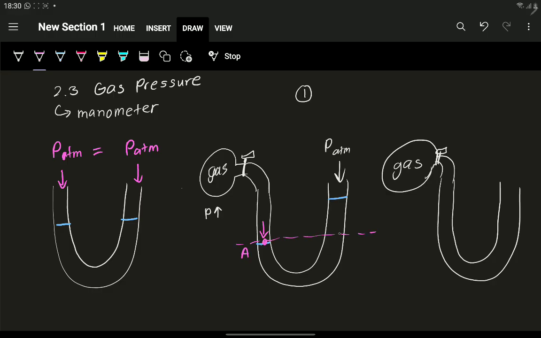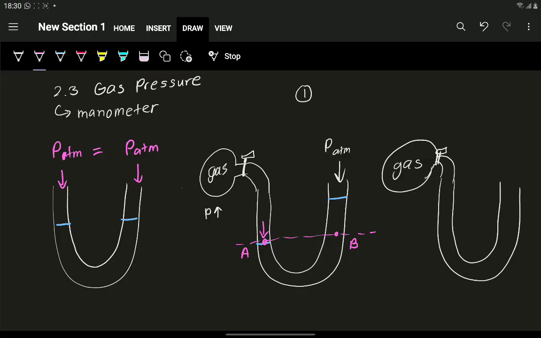So this is A, this is B. The higher pressure pushes the liquid down because it is much higher than the atmospheric pressure.